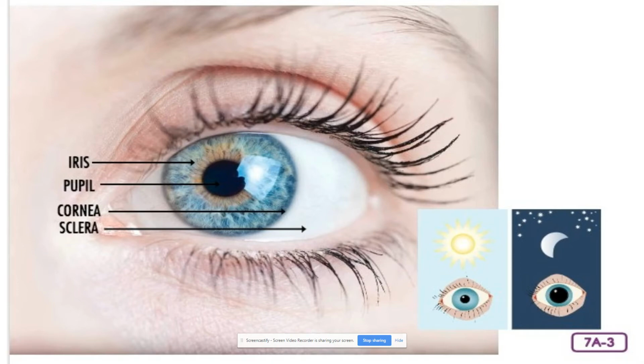The colored part of the eye, the disc located just behind the transparent cornea, is called the iris. At the center of the iris is a black circle. Do you see it? This dark circular hole called the pupil varies in size as it regulates the amount of light entering the eye.